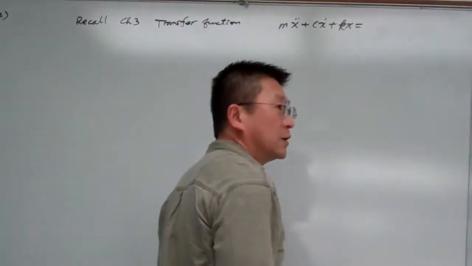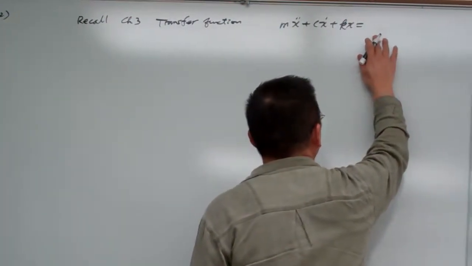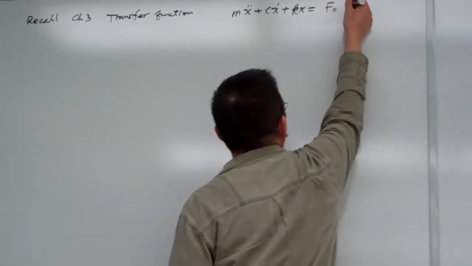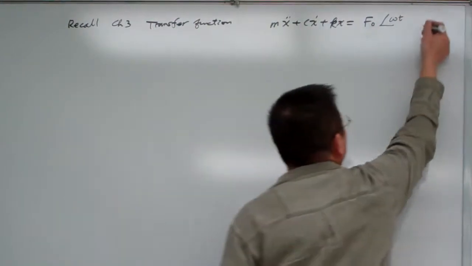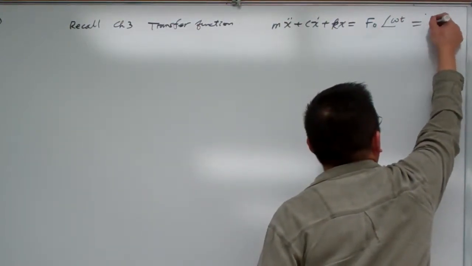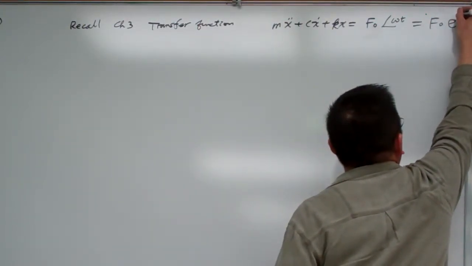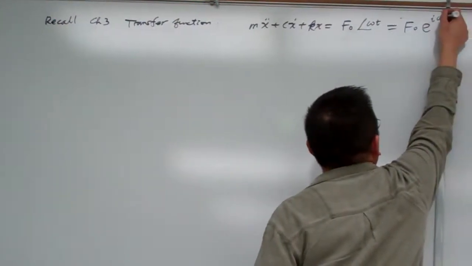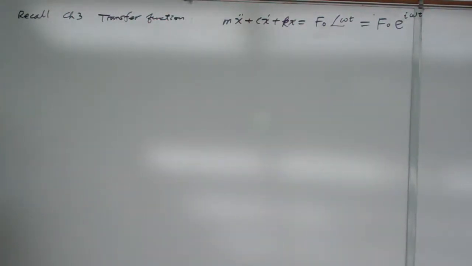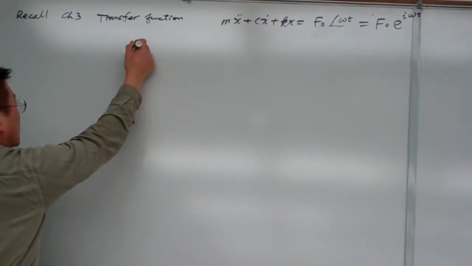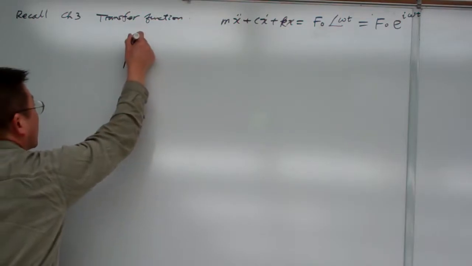And the same thing here, for example, we consider the force F naught and have the phase angle omega t. So basically this one is the form F naught e to the i omega t. Okay, so that is a signal like this. In the transfer function method, we have this.